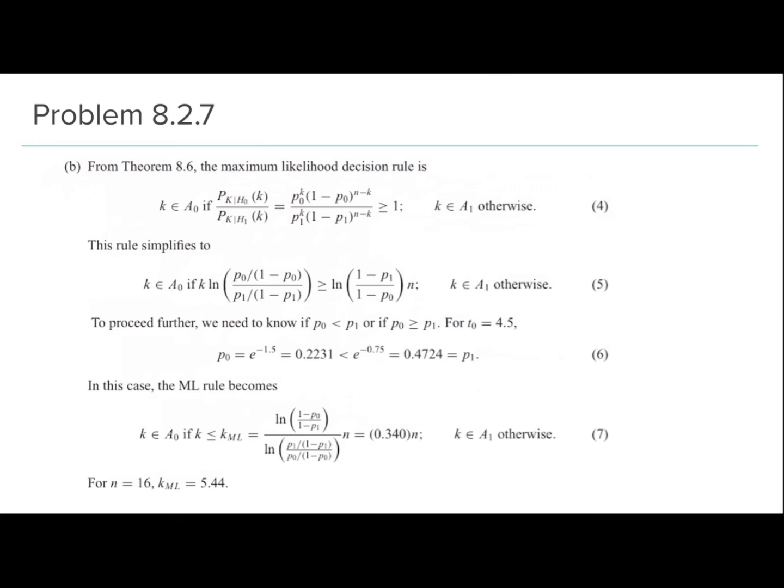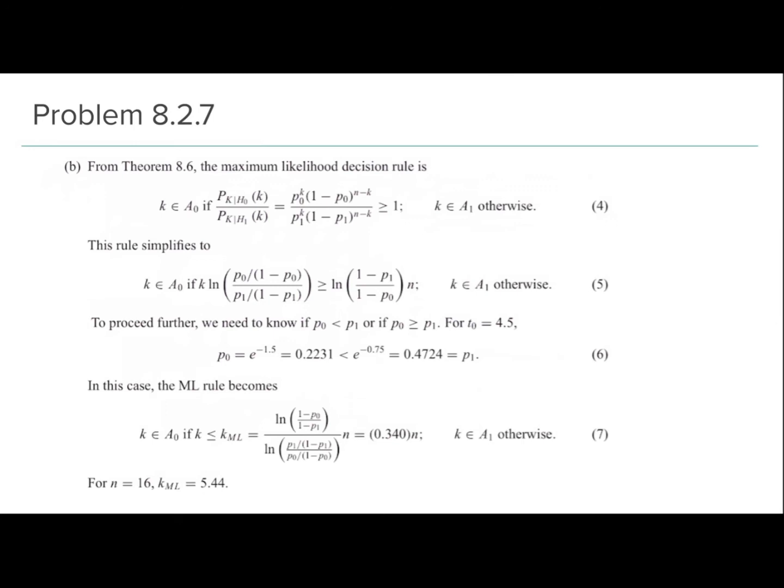And so now I guess we simplify this, and on simplifying, what we get is that k will belong to A naught if k times ln of p naught over 1 minus p naught divided by p1 over 1 minus p1 is greater than or equal to ln of 1 minus p1 divided by 1 minus p naught into n, right? And if we simplify, I think it's simple enough.